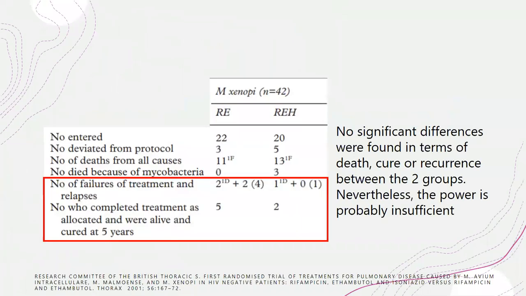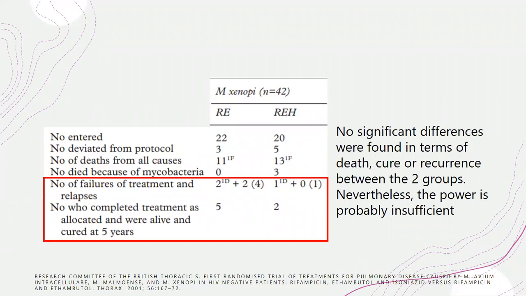There are actually 2 randomized controlled studies in patients with Mycobacterium xenopi conducted by the British Thoracic Society. One of them, which I put up on the slide here, compares the efficacy of a regimen containing rifampicin and ethambutol, with or without isoniazid. Basically, it's comparing 2 drugs versus 3 drugs. It's a small study, 20 versus 22 patients, and there are no significant differences in death, cure, or recurrence.